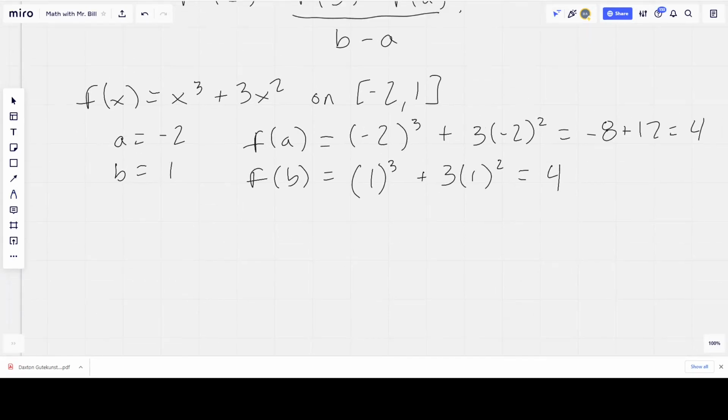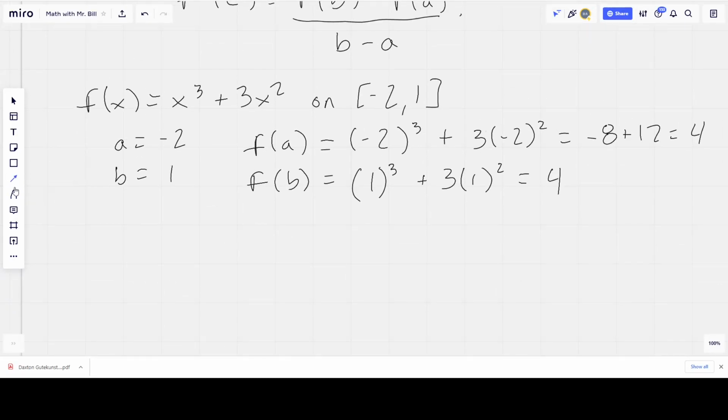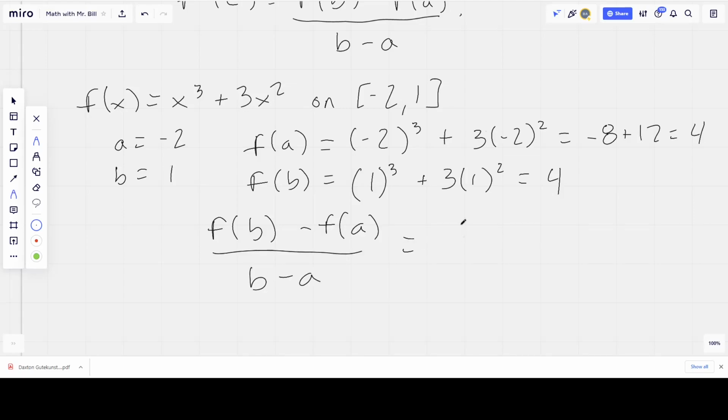Okay, so then plugging those numbers into the right-hand side, we get f of b minus f of a all over b minus a, and that becomes 4 minus 4 all over b minus a. So 4 minus 4 is 0, so this difference is going to be 0. So the slope is going to be 0 between those two points.